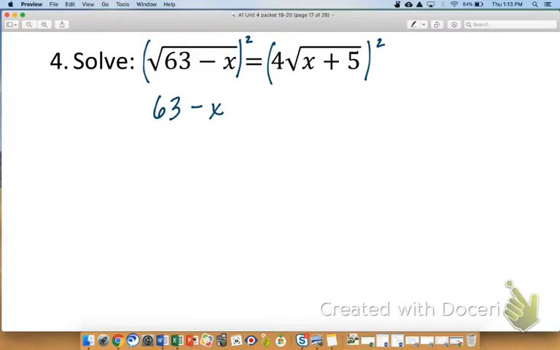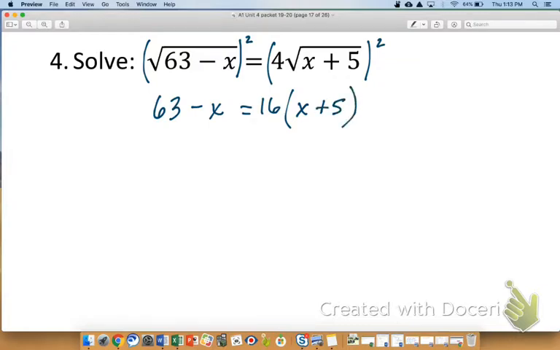The right side's a little tougher. The 4 needs to be squared. That's right, but it needs to be squared as well, doesn't it? So it'd be 16. And then, of course, the square root of x plus 5 squared, the square root and the squared cancel out. So you end up with 16 times the quantity x plus 5.